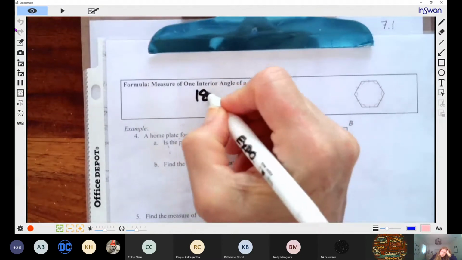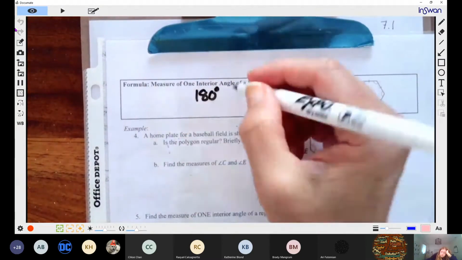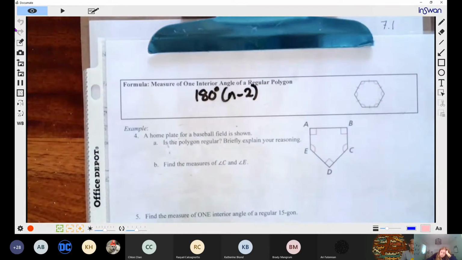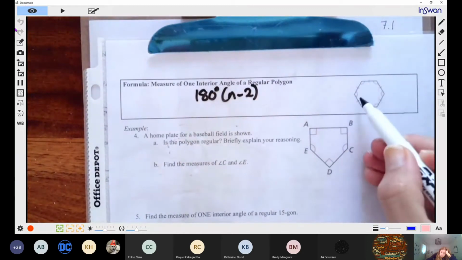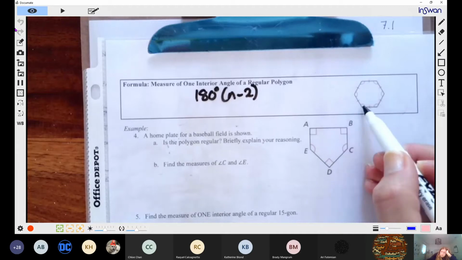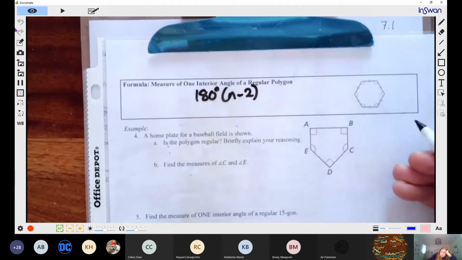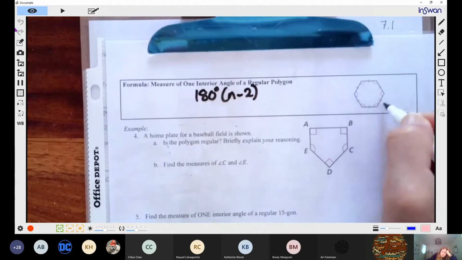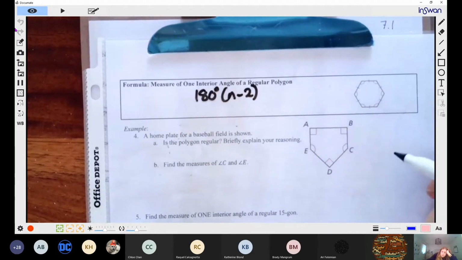So first we get the total, 180 degrees times n minus 2. Right, that's how we would get the total. But then let's say I just want one of these. And there's 1, 2, 3, 4, 5, 6. Wouldn't I just divide by 6? If I get the total and I want just one of them and they're all the same, I would divide by 6, right? I can see you all shaking your head.